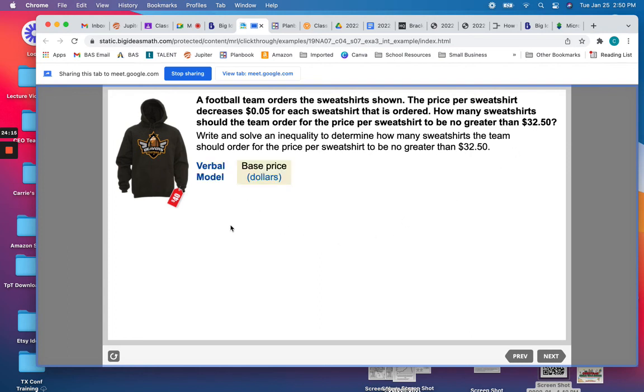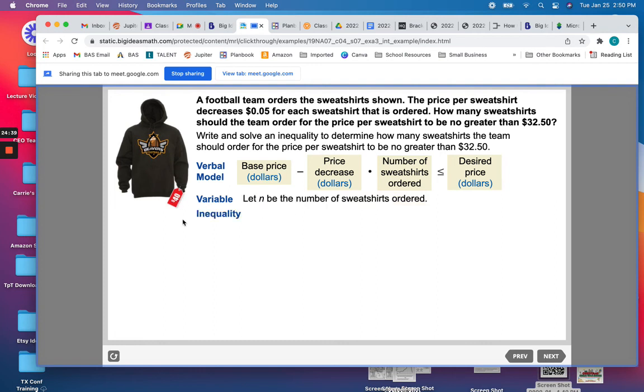I have my base price, and I'm going to subtract how much it decreases per sweatshirt, and that needs to be less than or equal to $32.50. So now let's write the numbers. What is our base price? $40.